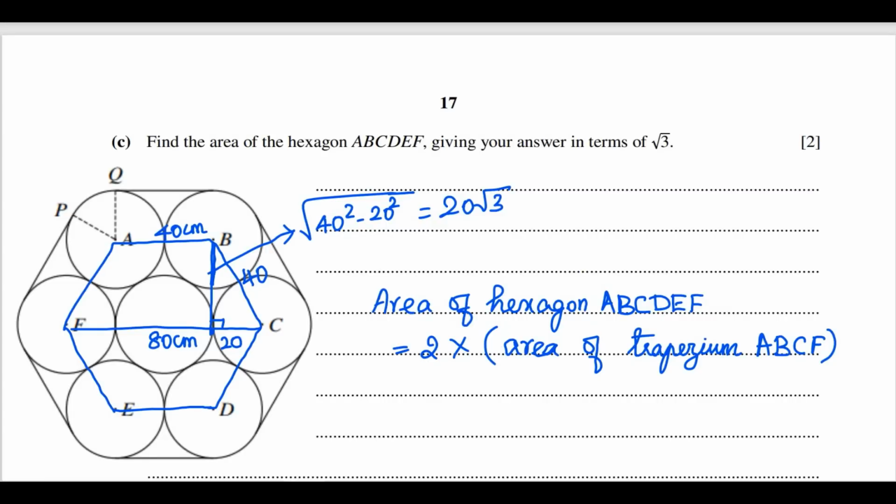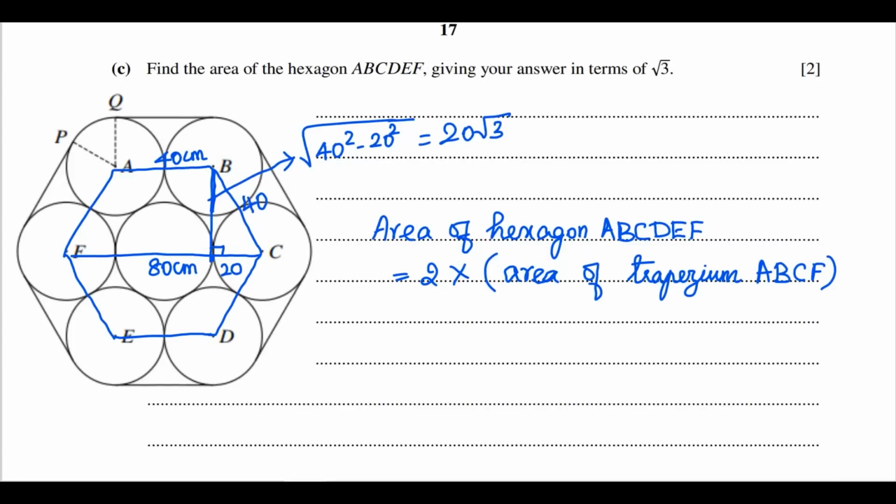So the area of the hexagon ABCDEF is 2 times the area of the trapezium ABCF. So this is equal to 2 multiplied by the area of the trapezium, which is 1 over 2 multiplied by A plus B, that is 40 plus 80, multiplied by the height. Height is 20 square root of 3.